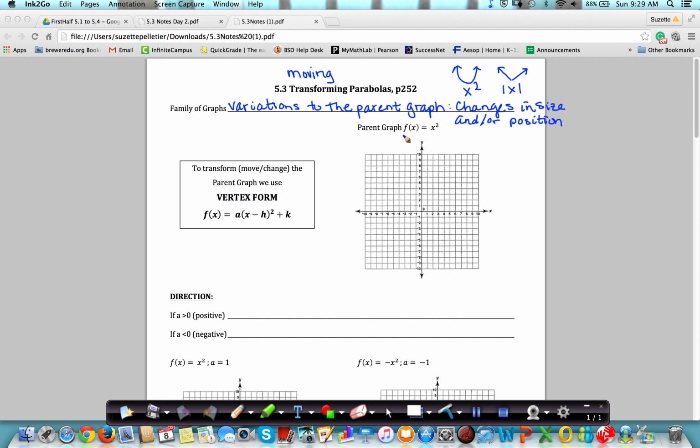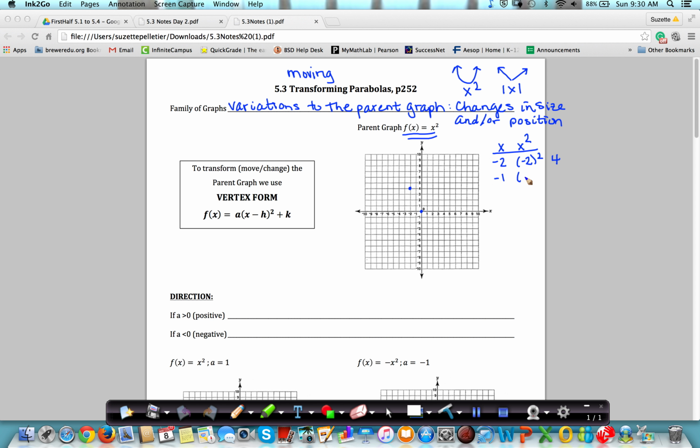So here is my parent graph, f of x equals x squared, okay? And we know that the parent graph starts at 0, 0. And if I were to get values at -2, if I did -2 squared, that would give me +4. So at -2, I'm at +4.